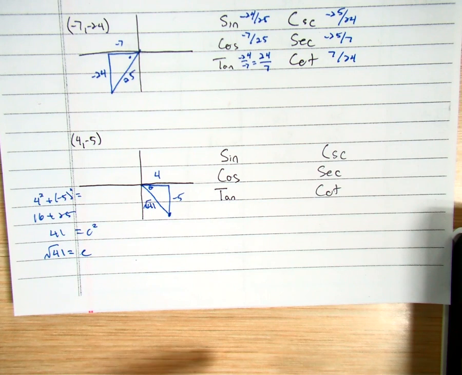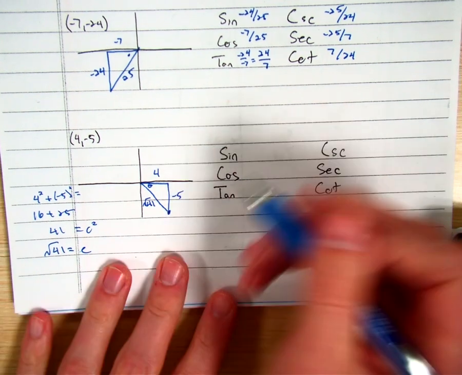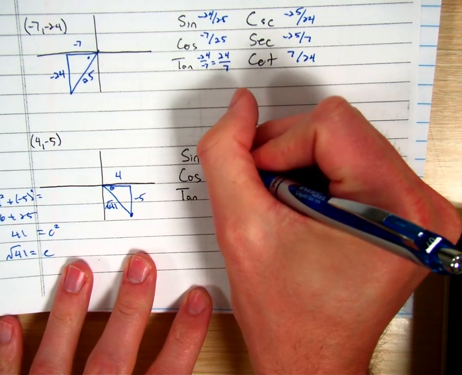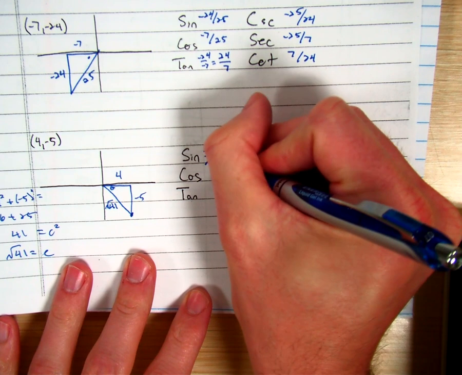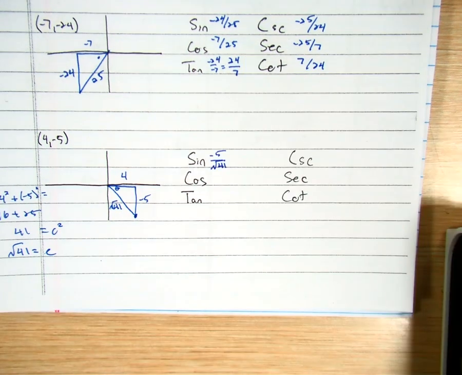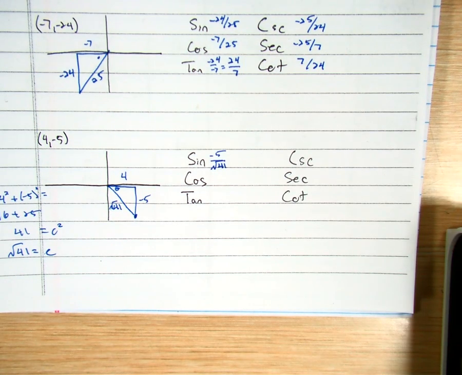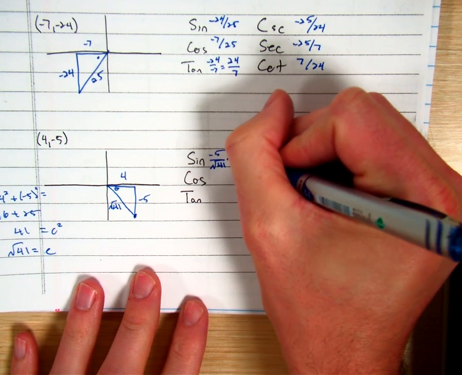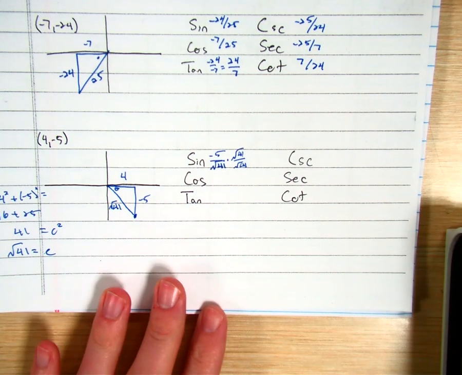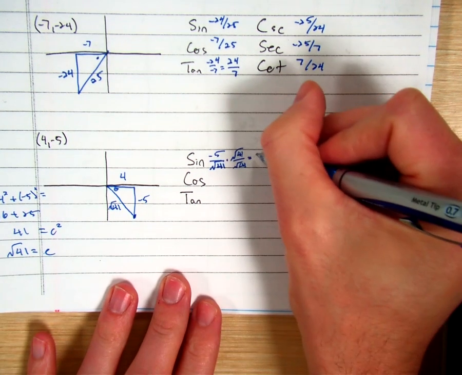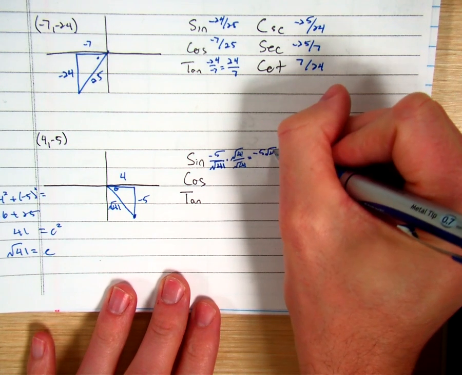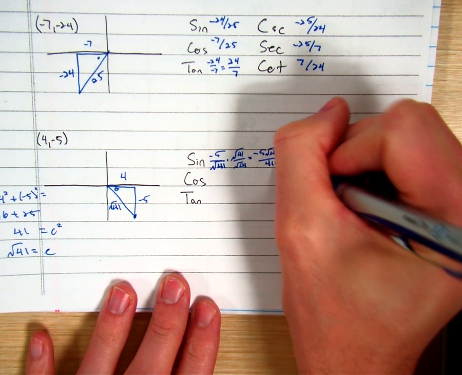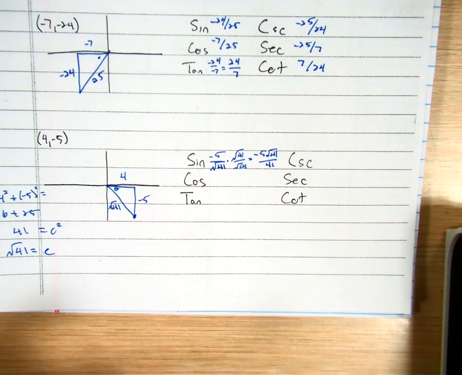So when I do sine, I'm going to do opposite over hypotenuse, negative 5 over radical 41. We don't want to have a radical in the bottom of our final answer. So we multiply top and bottom by radical 41. We have negative 5 radical 41 over regular 41. Now, after you do these a couple times, you really catch on to the pattern.